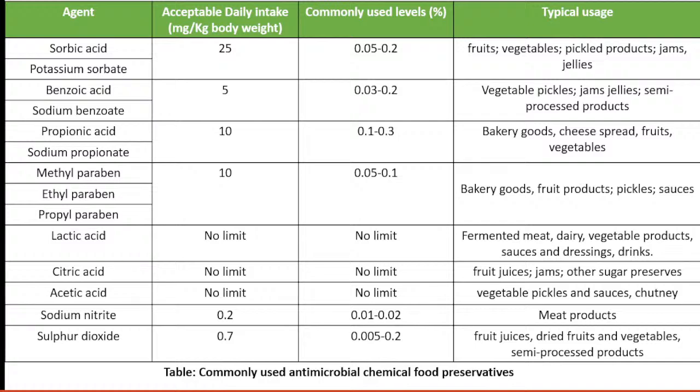Then come the propionates, that is propionic acid and sodium propionate, which can be used up to 10 mg per kg body weight, to the level of 0.1 to 0.3% in foods like bakery goods, cheese spread, fruits, vegetables, etc. Then come the parabens: methyl paraben, ethyl paraben and propyl paraben.